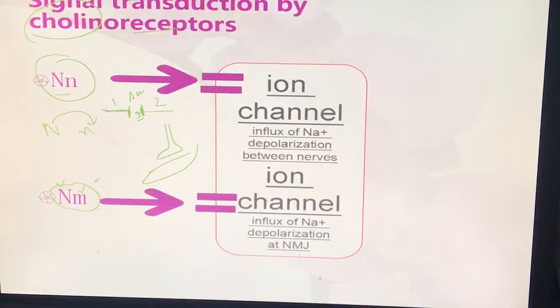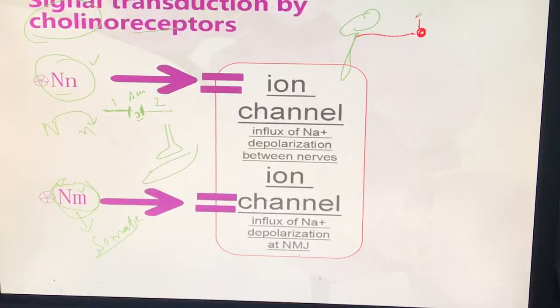This is actually not the parasympathetic system; the NM receptor is present in the somatic system. Inside the parasympathetic system, we use the NN receptor. From the brain and spinal cord, one nerve goes out and first has a synapse with the ganglia.